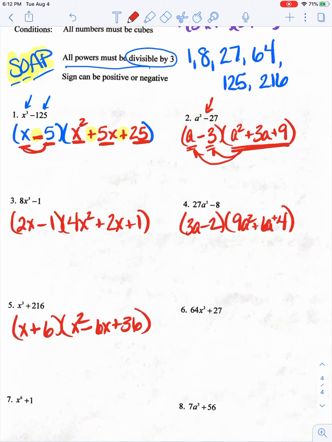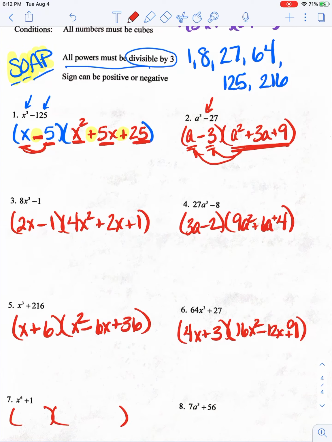Same as the original, opposite the original, always positive. 64 and 27 are both cubes. 4x and a 3. Square it, multiply together, same, opposite, always positive.